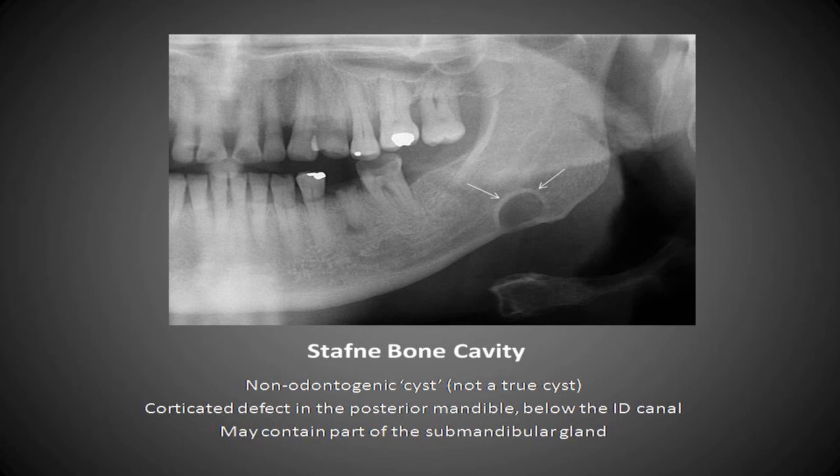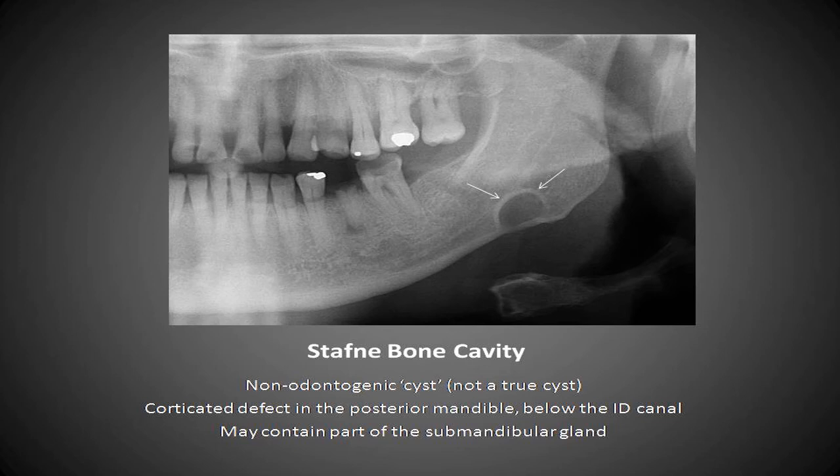for others you have other appearances such as ground glass appearance. You have soap bubble appearance that happens in multilocular cystic lesions like OKC. And another phenomenon is Stafne bone cyst. It is not a true cyst. It is just a small corticated defect that is seen in the posterior part of the mandible.